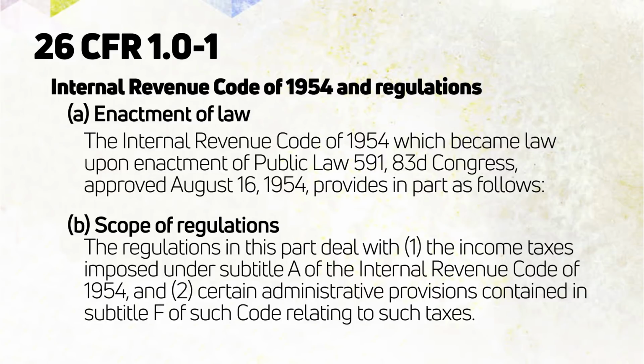Subtitle F pertains to the enforcement procedures used by the IRS, such as substitute for return, assessment, deficiency, and lien and levy actions against those who are legal U.S. taxpayers. So, one sees that the income taxes imposed under Subtitle A of the IRC of 1954 and the enforcement under Subtitle F are directly linked to the birth and termination of the IRC of 1954.